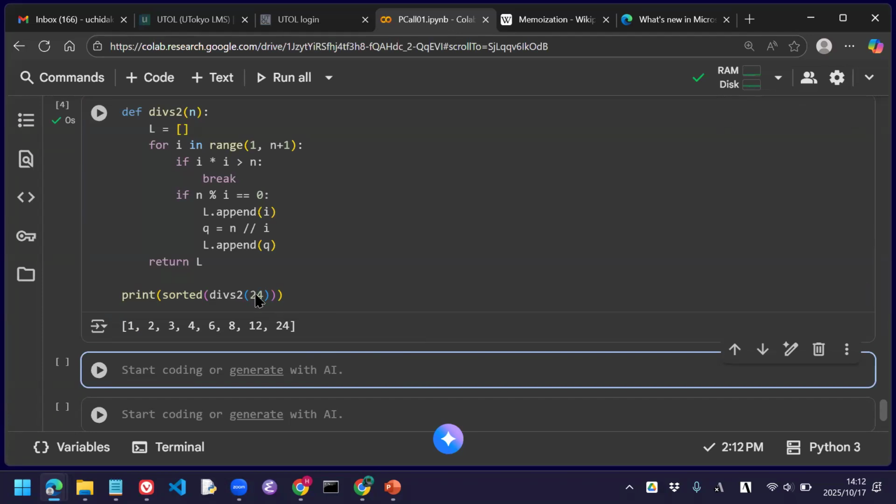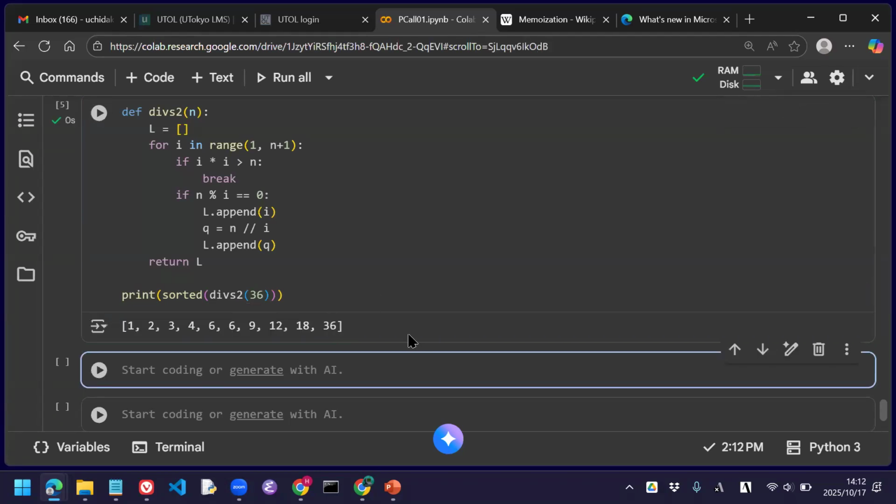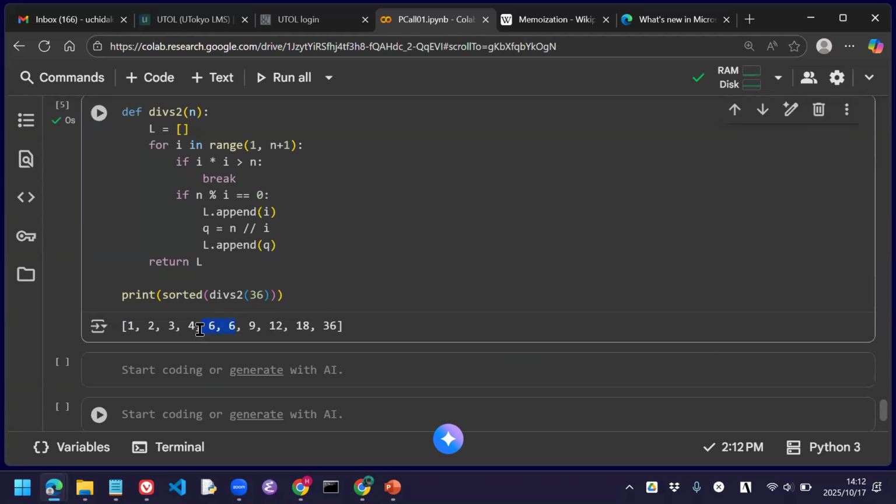But let's see what happens in the case of 36. In the case of 36, the problem is that we have two sixes here, right? Because 6 is already here, we cannot append 6 again.